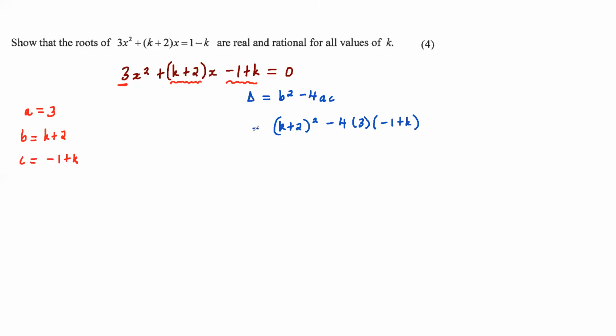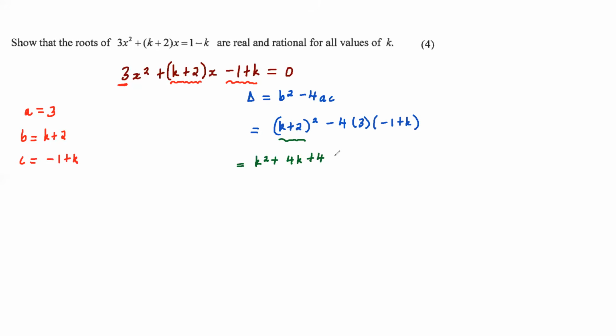Let's do some algebra on this one. We open up the brackets of k plus 2 squared. We will end up with k squared plus 4k right here, and then also plus 4. Then we open further here, minus 4 times 3 times (minus 1 plus k).